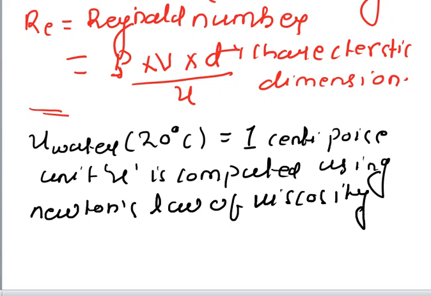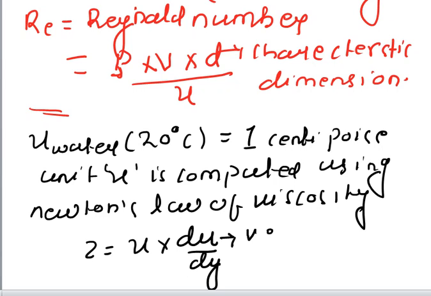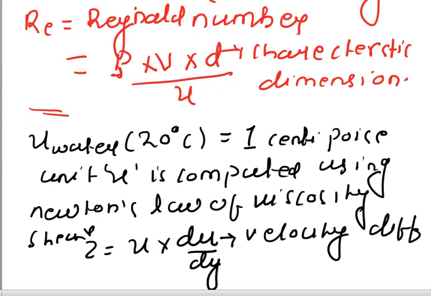which is tau equals nu into du over dy. This is the velocity difference, and this is the shear stress. This is Newton's law of viscosity.